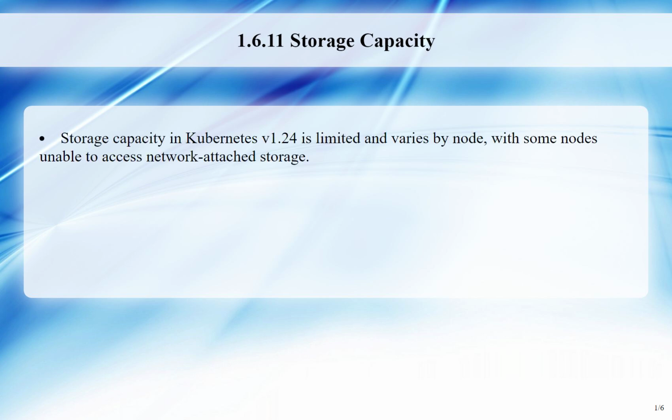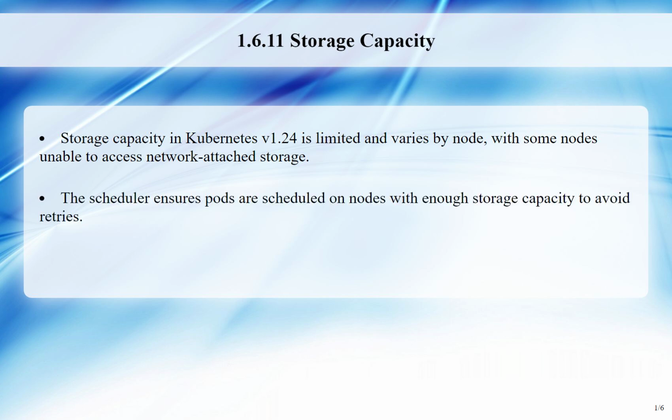In Kubernetes v1.24, storage capacity is limited and varies depending on the node where a pod runs. Network-attached storage may not be accessible by all nodes, and storage can be local to a node. The scheduler uses information on storage capacity to schedule pods onto nodes with enough capacity for the remaining missing volumes.